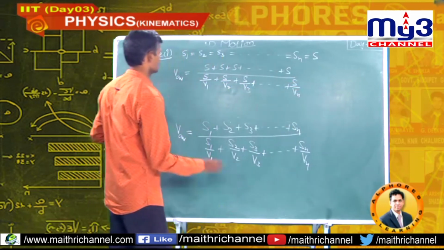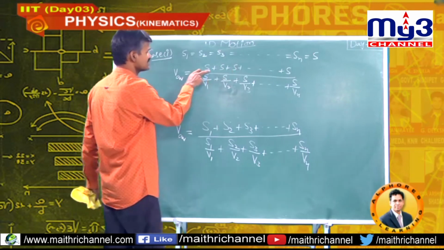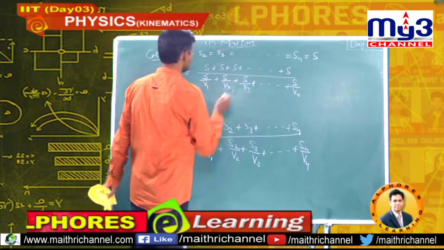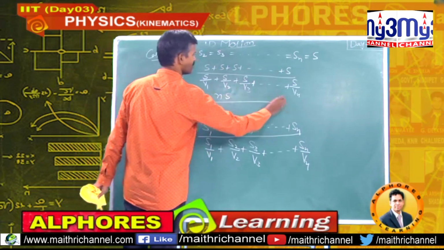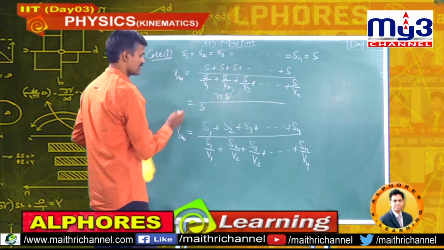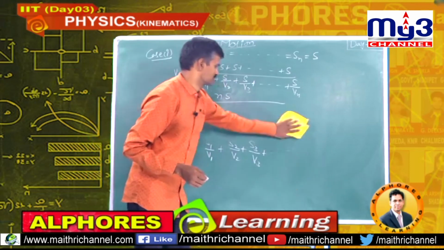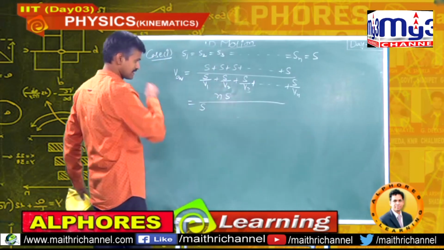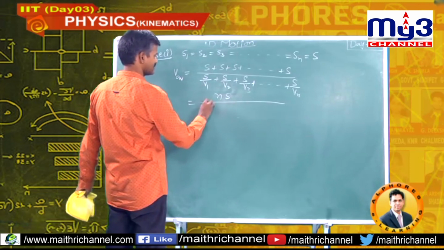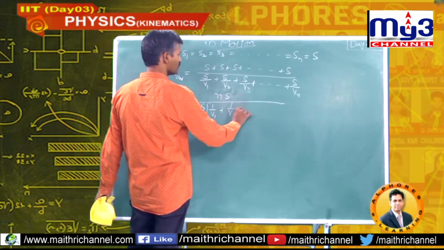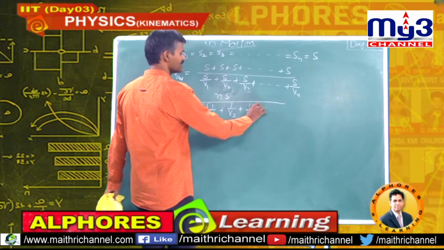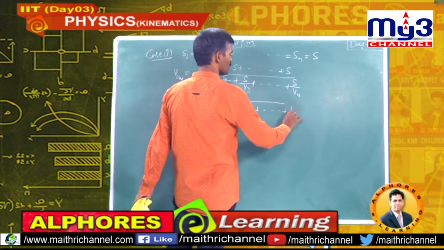On summing, the distances give n S, divided by, on taking S common, 1 by V1 plus 1 by V2 plus 1 by V3 plus and so on plus 1 by Vn.